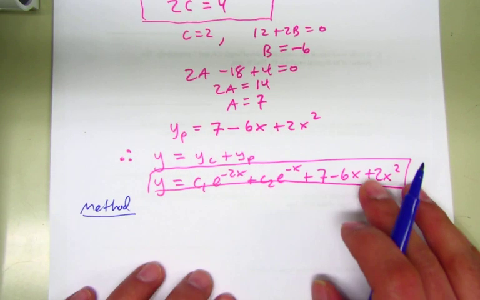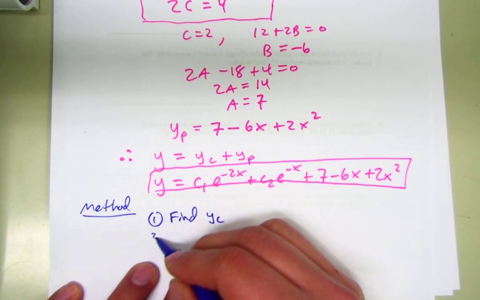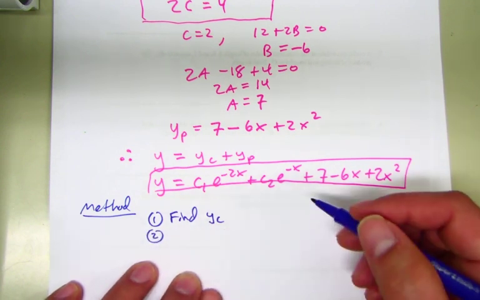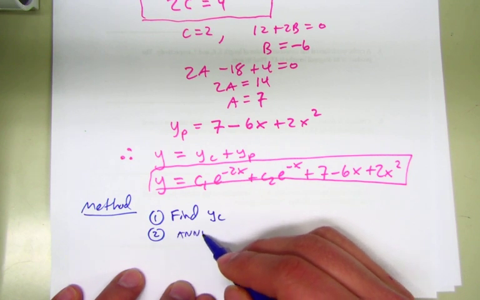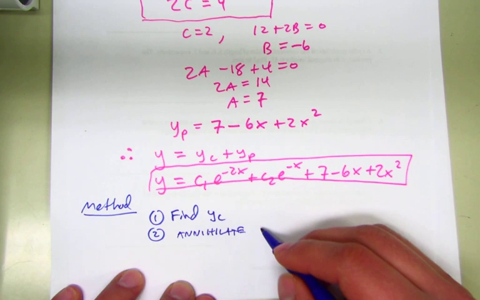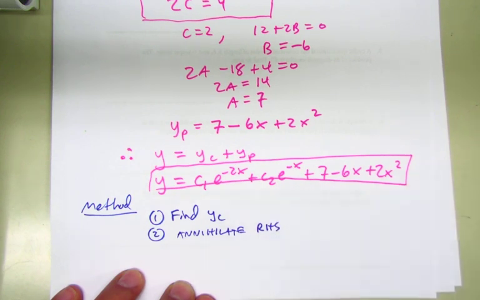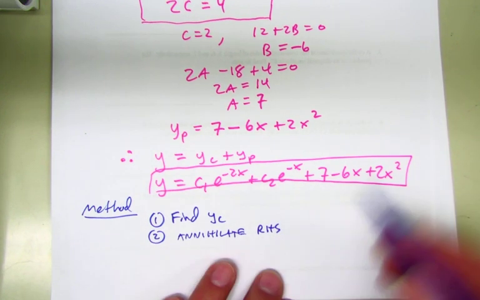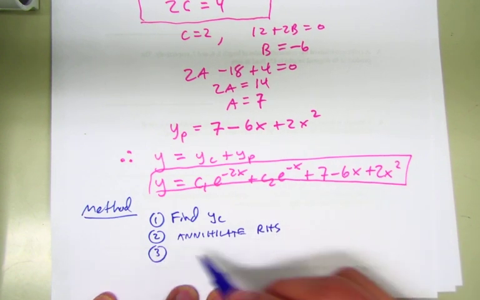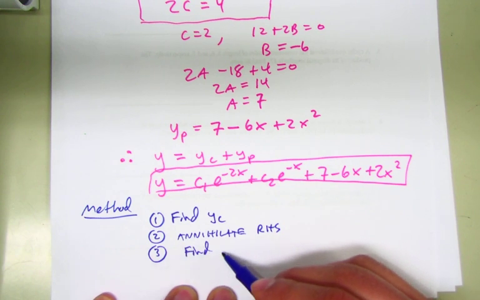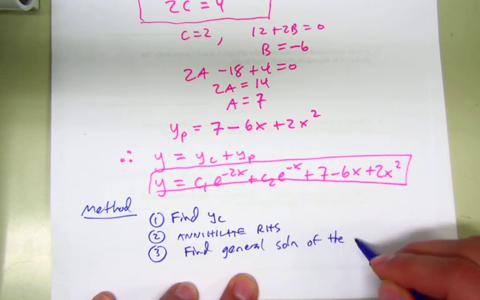Okay, so first, you find the complementary solution. In other words, assume the equation equals 0 and find the solution like you normally would. Annihilate the function on the right-hand side. I guess if the equation is reversed, that's left-hand side, but at least the way we're setting them up. Annihilate the right-hand side. And now, from there, you'll find the general solution of the new equation.